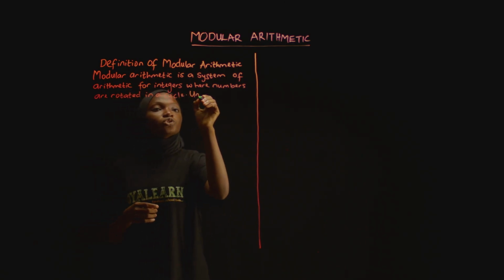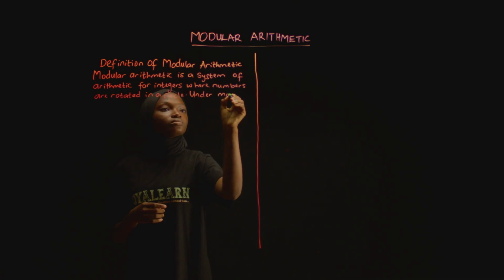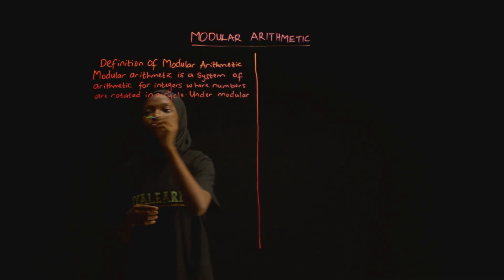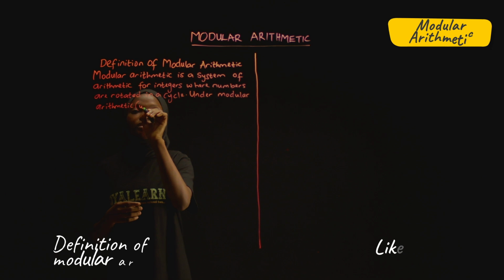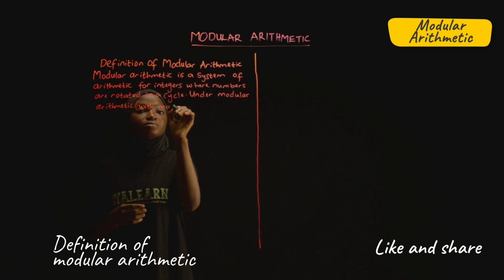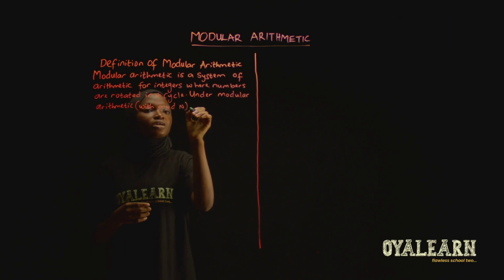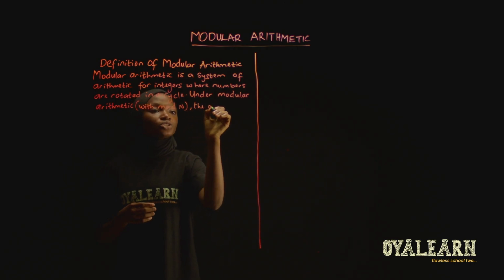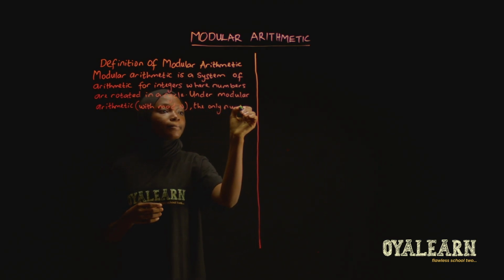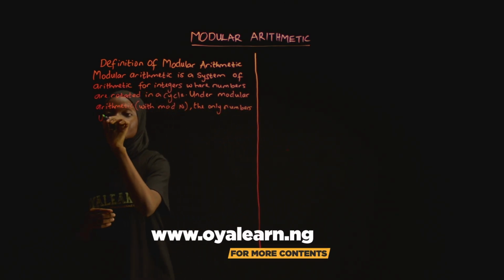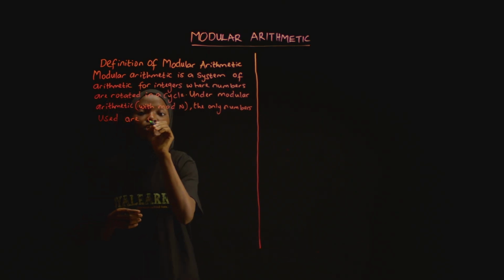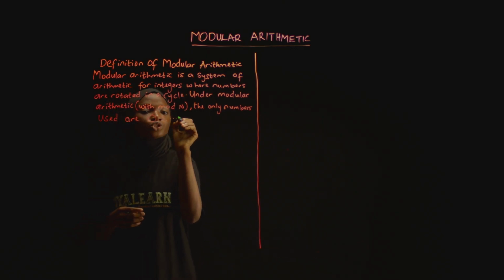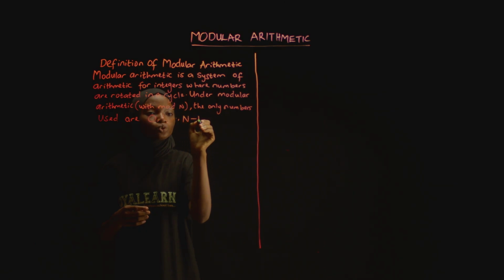And under modular arithmetic, with a specific mode n, the only numbers used are 0, 1, 2, up to n minus 1.